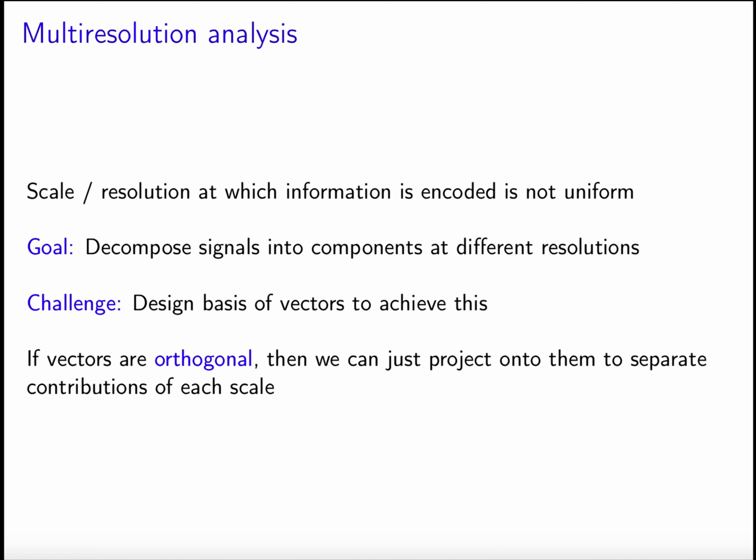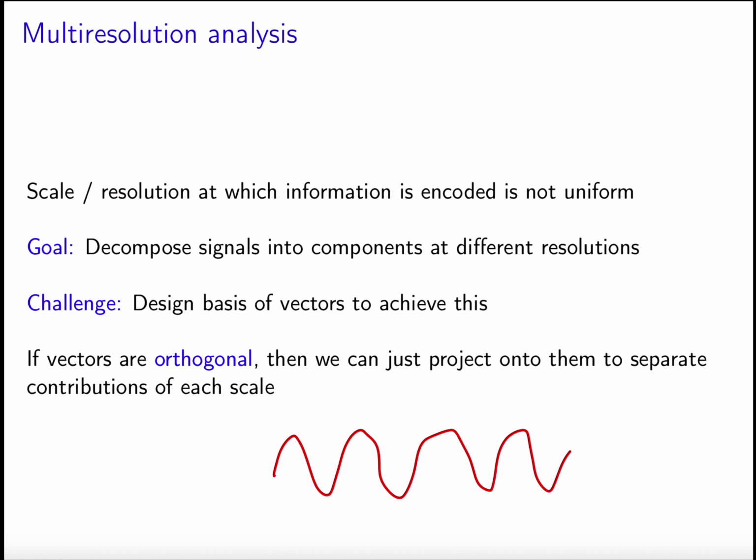Okay, and what we want to do is to decompose signals into components that have different resolutions or different scales in order to perform this analysis. And the challenge is that we want to design a basis of vectors that is able to achieve this. So if you think of the Fourier series or the discrete Fourier transform, the Fourier series and the Fourier transform use basis functions that essentially look like sinusoids, so they look like that.